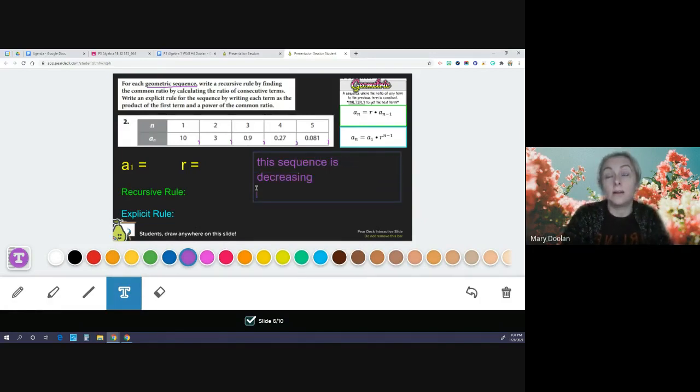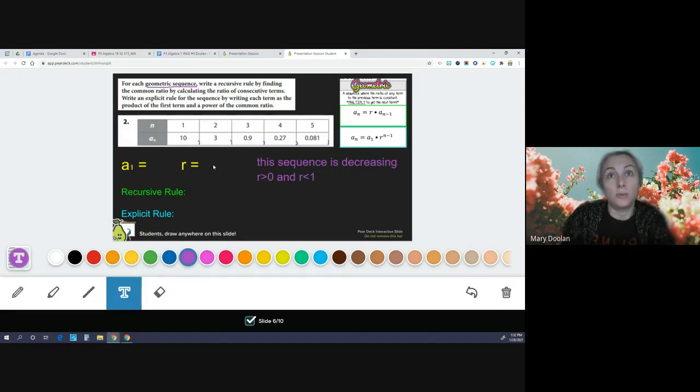That means R is going to be greater than 0, and R is less than 1. We'll see that as we figure it out. So the sequence is decreasing. It's getting smaller as we go to the right. So this value of R, if we do this correctly, should be a value between 0 and 1.